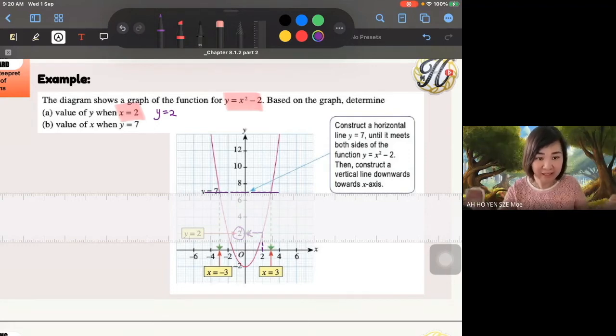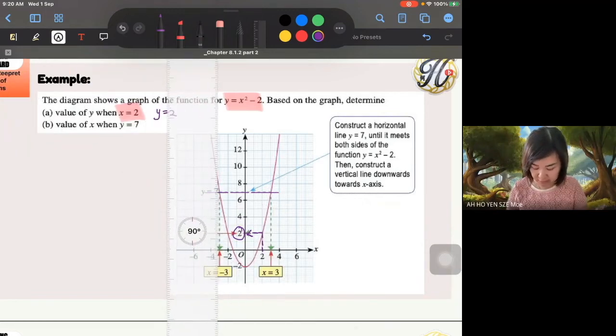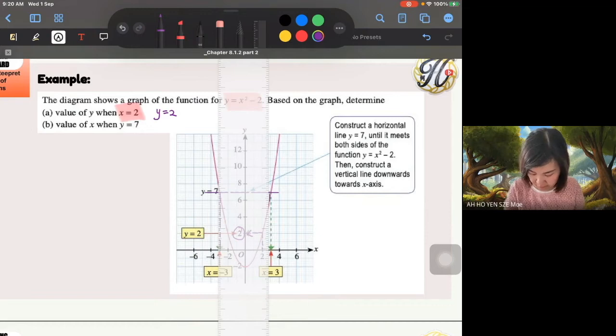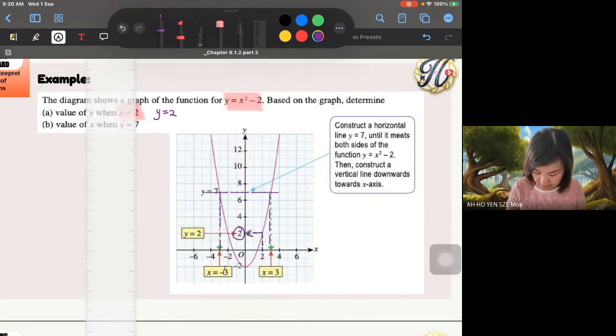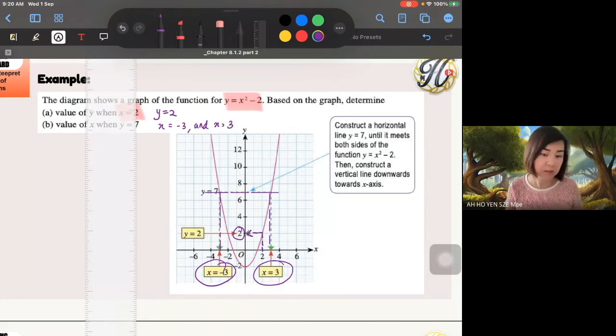Read from here: x equals 3 and negative 3. So you draw here at the bottom, then come down. You can see x is negative 3 and x is 3. So I have 2 values of x. We write x equals negative 3 or x equals 3. So that's 2 answers.